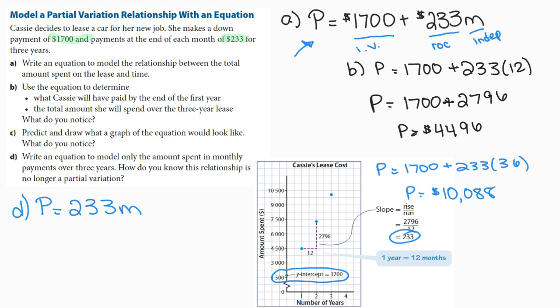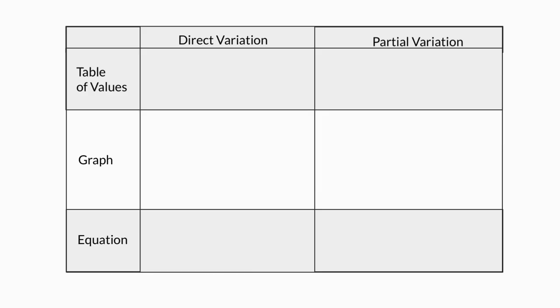Okay? So let's put it all together. So in a direct variation, the table of values should have a 0, 0 point, and then increase or decrease by a constant amount. So that's what a direct variation would look like.